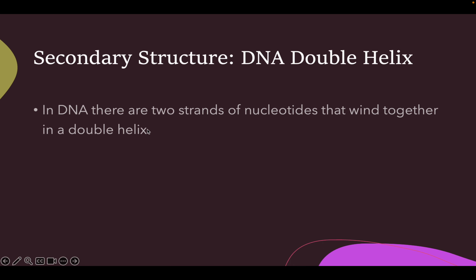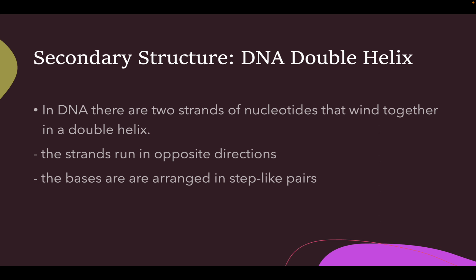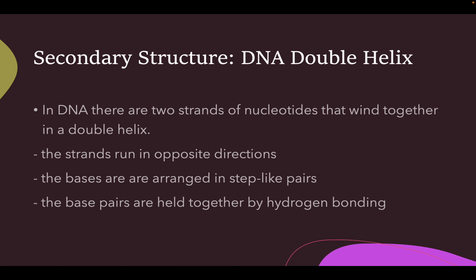The 2 strands of nucleotides wind together to form a double helix, and the strands run in opposite directions. What that means is, suppose you have one strand with the direction from 5 to 3, the other strand should be from 3 to 5, then only they can combine, because 5 and 5 cannot combine with each other. The bases are arranged in a step-like pair, like we have already discussed, and the base pairs are held together by hydrogen bonding.